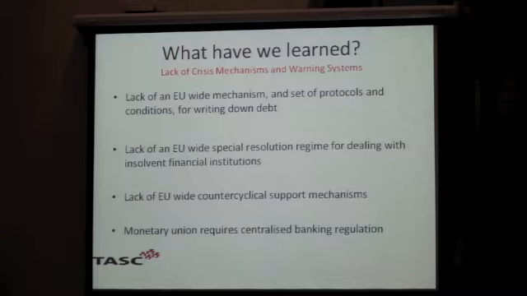We were lacking an EU-wide counter-cyclical support mechanism that would enable countries which are no longer able to engage in expansionary fiscal policy themselves, because as they fall into recession they're considered to be more of a risk than other countries. So the bond markets are no longer interested in lending to those countries, hence the spiraling interest rates. So you create what's known as a bad equilibrium or a negative feedback loop.